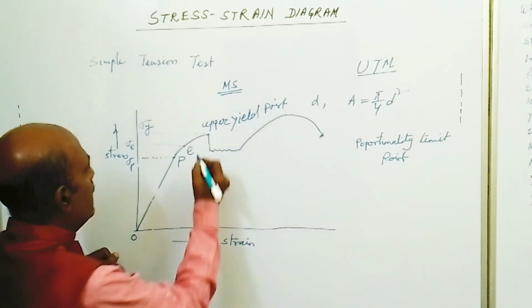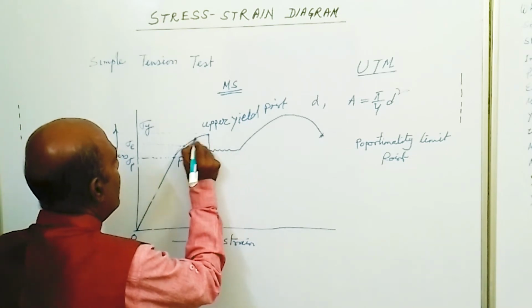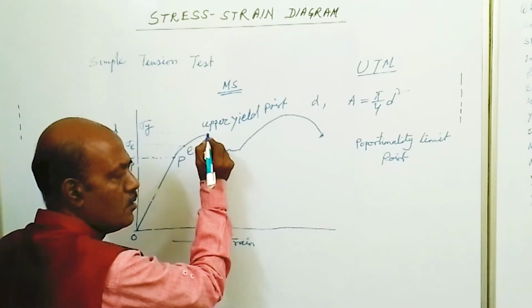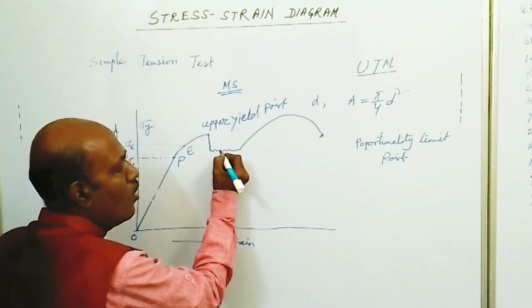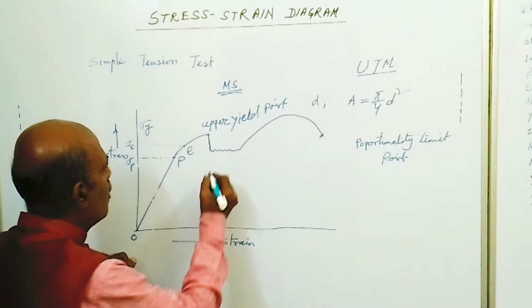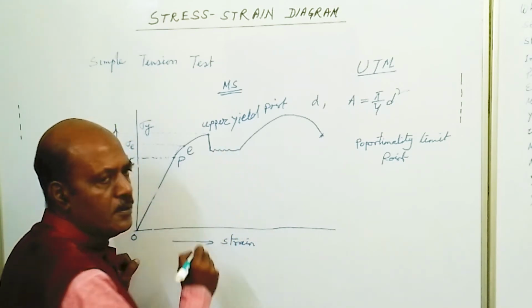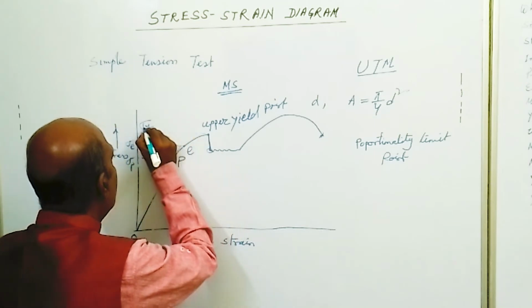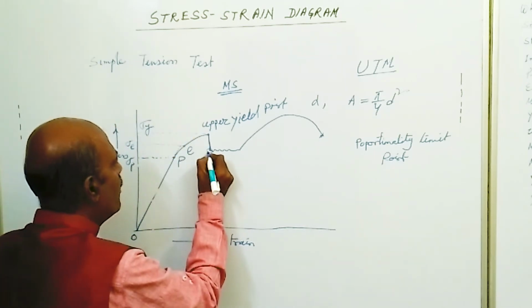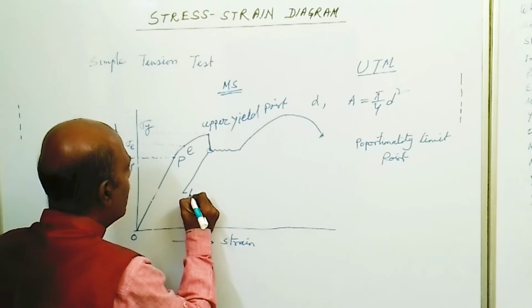It is seen that when this upper bound is crossed, the material will deform or yield at a much lower stress value than the upper yield point. This point is known as the lower yield point.